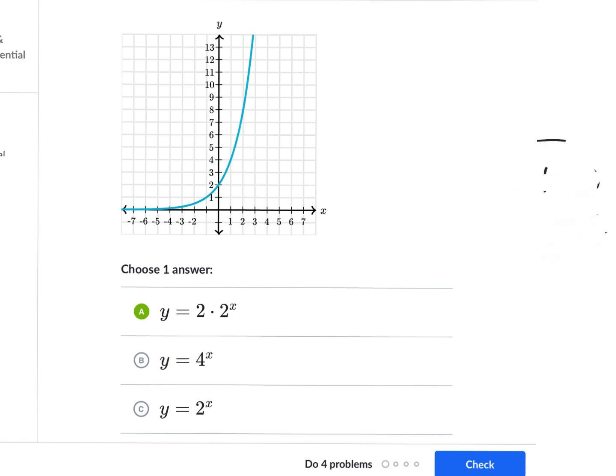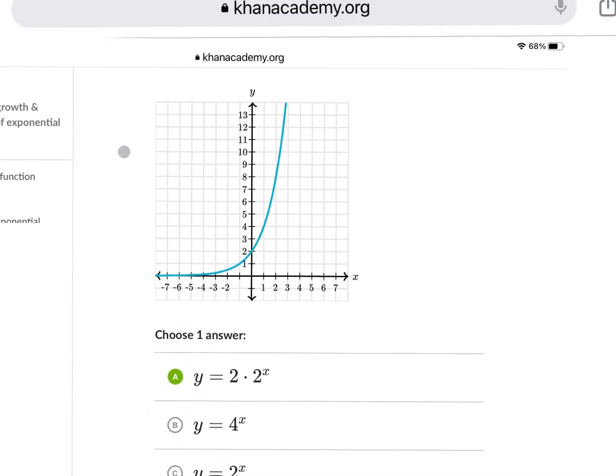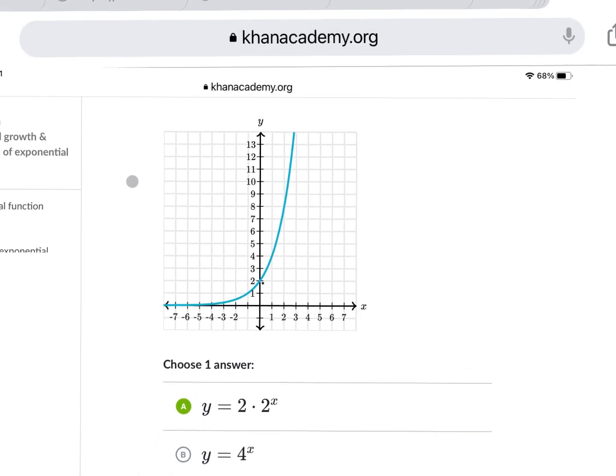I think it's easier to work from the graph, find yourself 2 points, and figure out where they match. So here you've got a point at 0, 2.